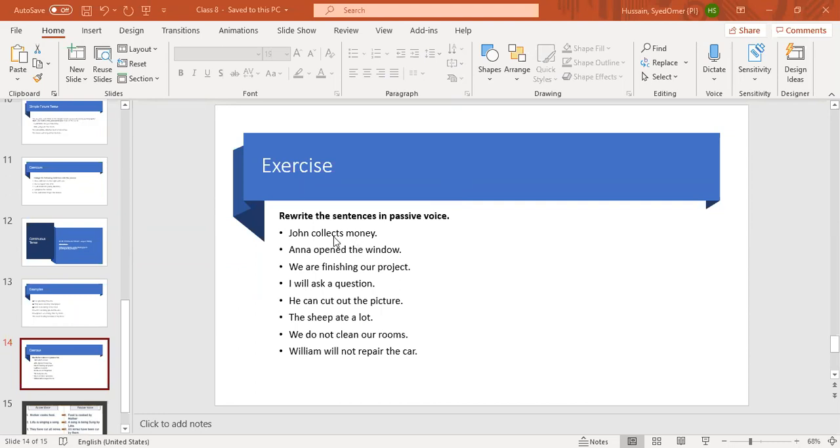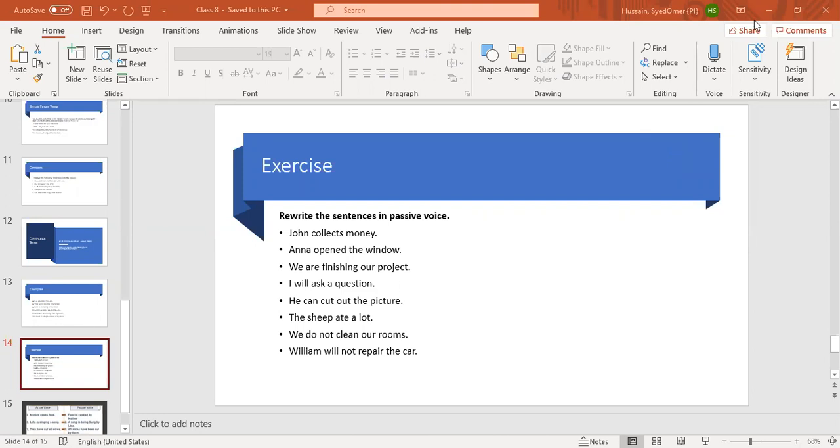Okay, students, it's a simple present. So money is collected by John. Okay, next. Okay, Fatma. Anna opened the window. It is simple past. Correct. The window was opened by Anna. Very good. The window was opened by Anna.